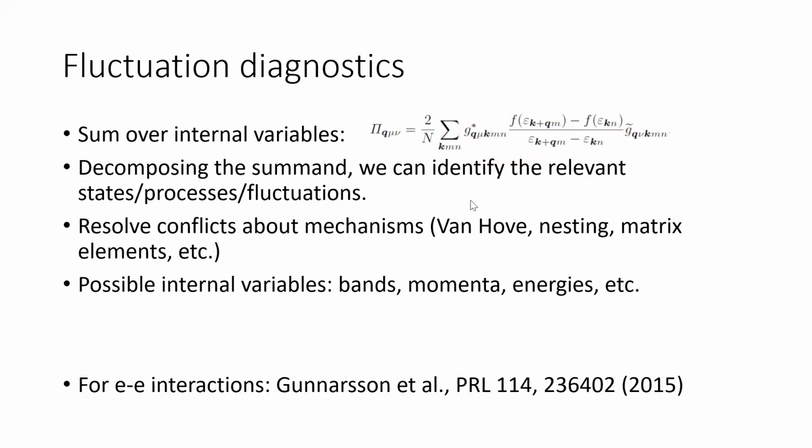For example, if it's a van Hove singularity scenario, you should see that the summand is strongly localized exactly at the van Hove singularity, while if it's nesting, you should see rather large portions of the Fermi surface that are responsible.